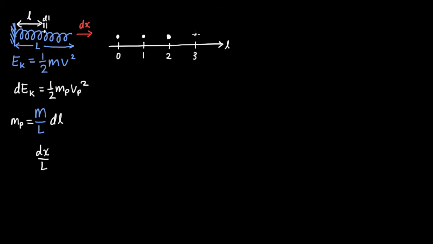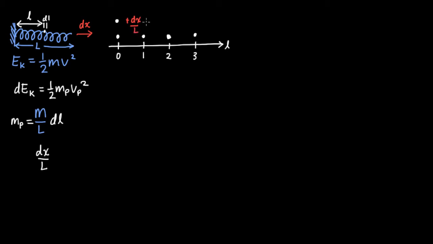And here's a point 3 unit lengths away from the fixed end. After the end of the spring moves the distance dx, point 0 doesn't move. However, the distance between point 0 and point 1 has increased dx over L.